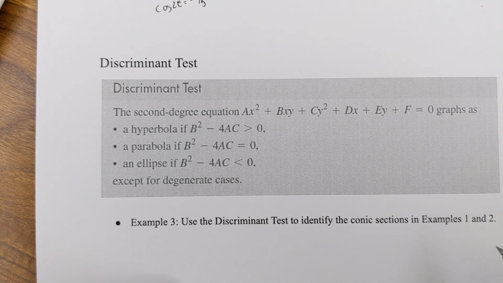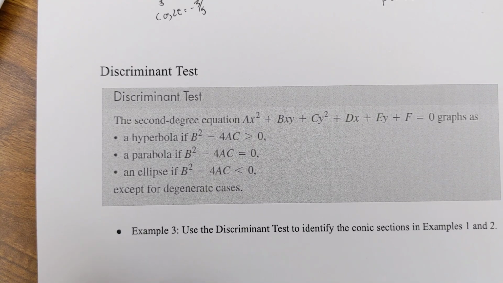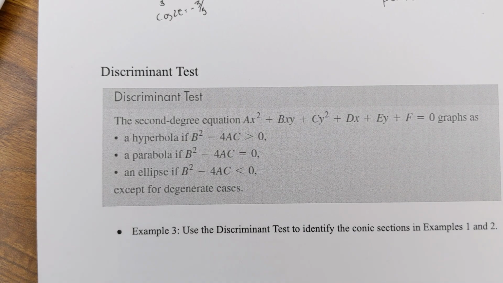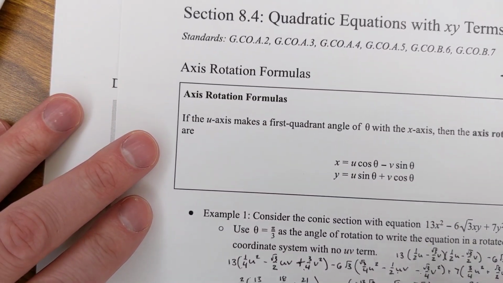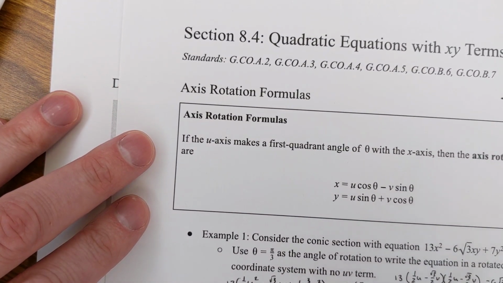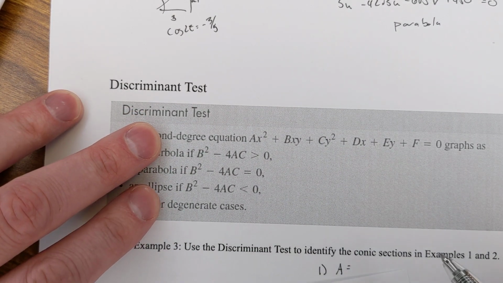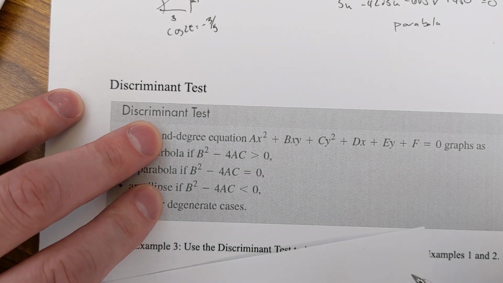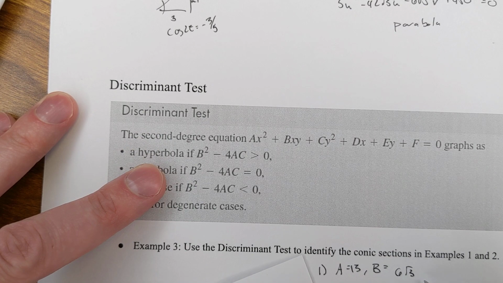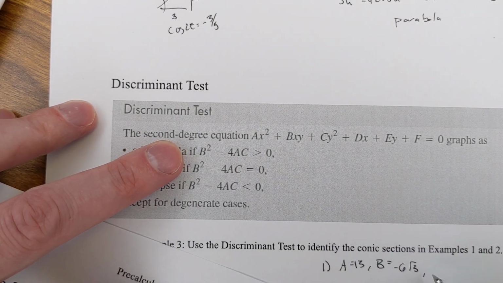So identify the conic sections in example 1 and example 2. Example 1 was this, so A, B, and C. For example 1, A was 13, B was negative 6 square root 3, and C was 7.